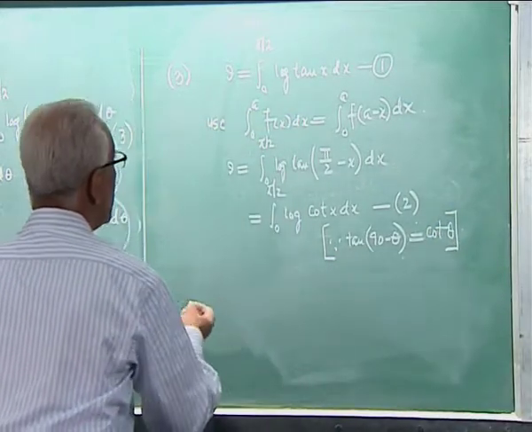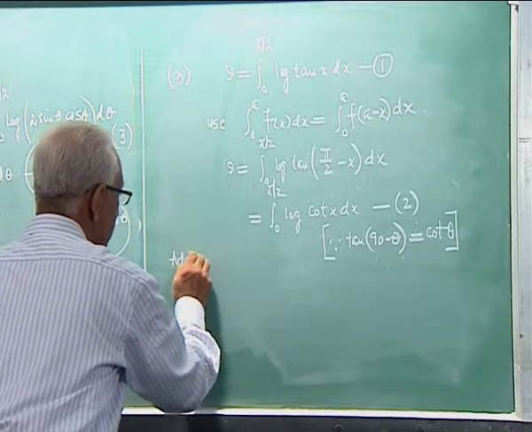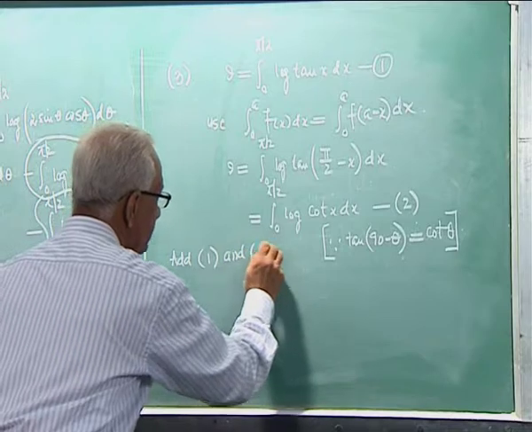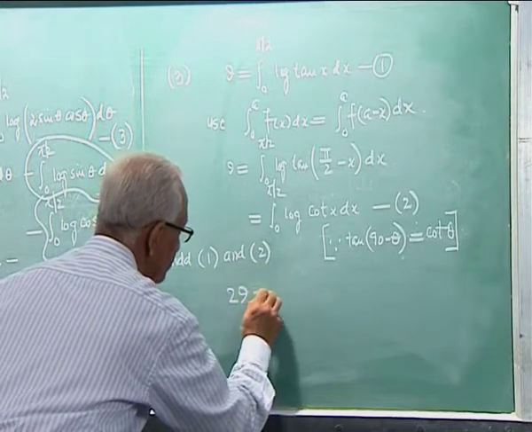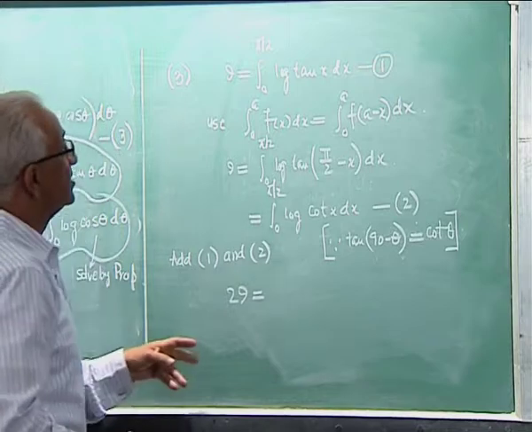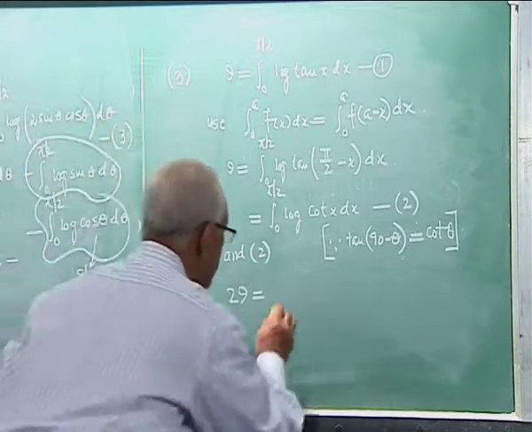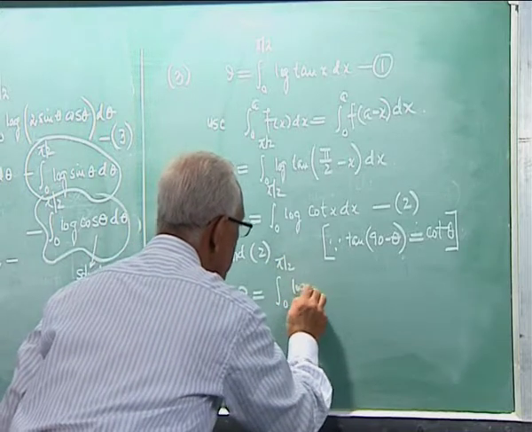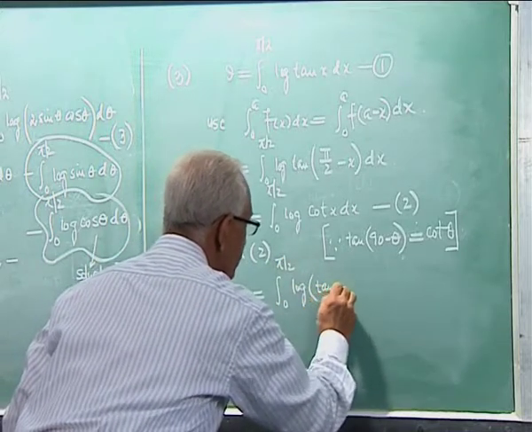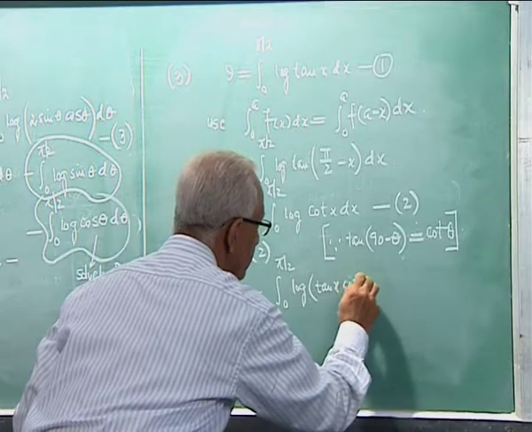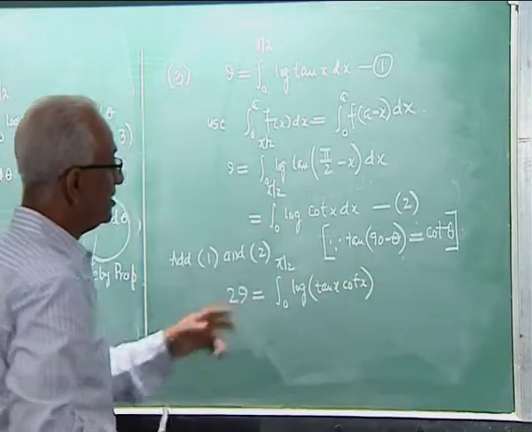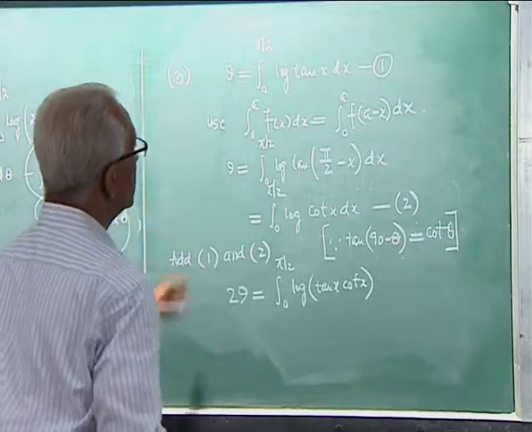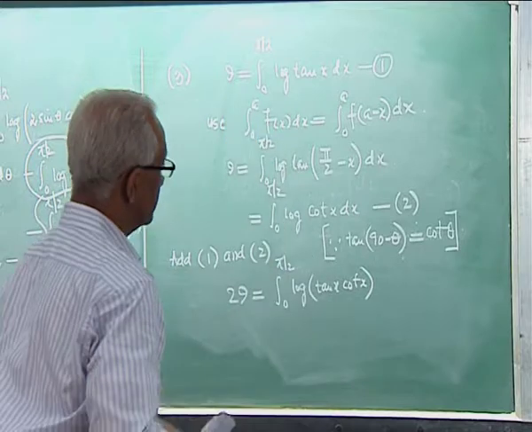I'll be adding number 1 and 2, so I write here add equation 1 and 2. What happens is the same thing as the first exercise that we did in this lecture. 2 times the integral 0 to pi by 2 log of tan x plus log of cot x.